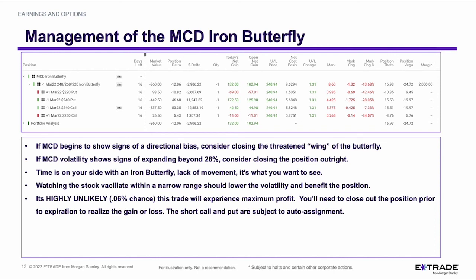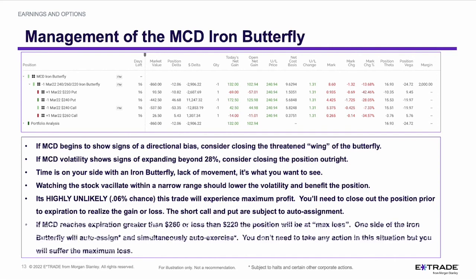When you close out the position, that is when you will either realize a gain or a loss in the position. Because the short call and the short put are both subject to auto assignment, and I doubt that you want to have anything to do with McDonald's shares, either buying or selling it. So when you put on an iron butterfly, expect that you are going to be closing it out.